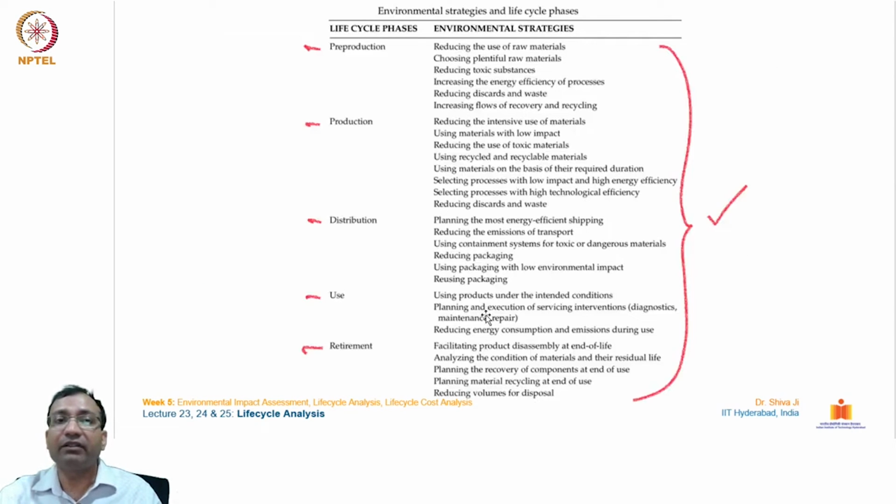There could be several strategies depending upon the life cycle phases. This slide is very important for you to note and understand. You can make note of the finer strategies given on this particular slide.